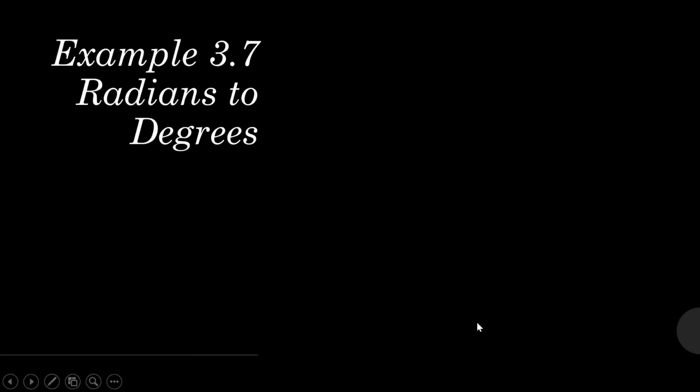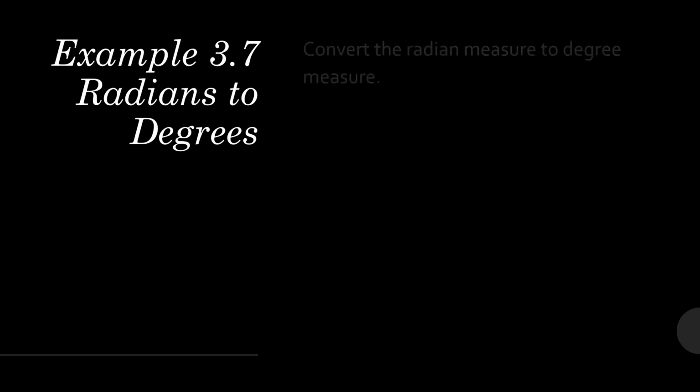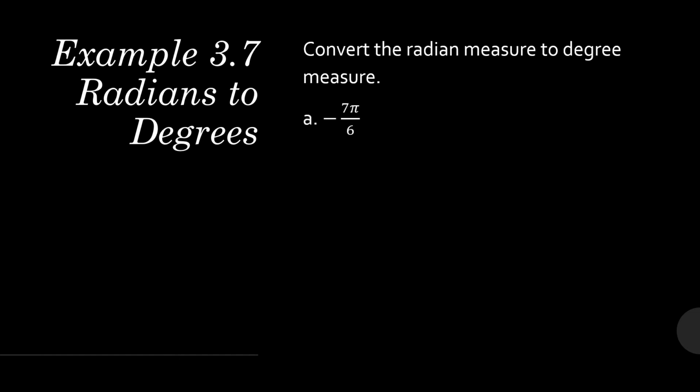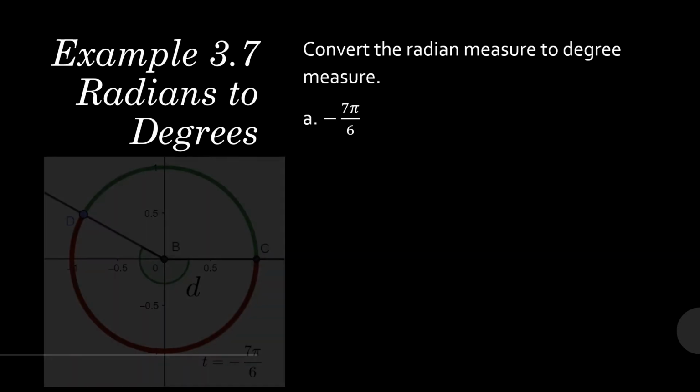Now we are given an angle whose measure is given in radians. We shall find its equivalent measure in degrees. So in terms of degree measure, what is the degree measure of an angle whose radian measure is -7 pi over 6? So again, our understanding is if an angle is negative, we are rotating the terminal side clockwise.